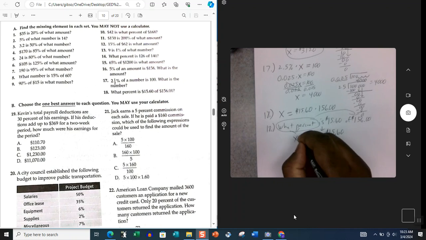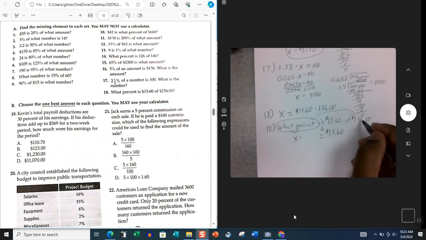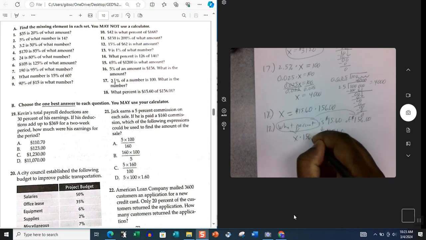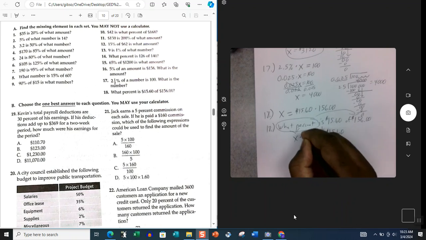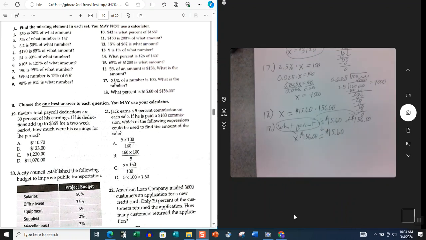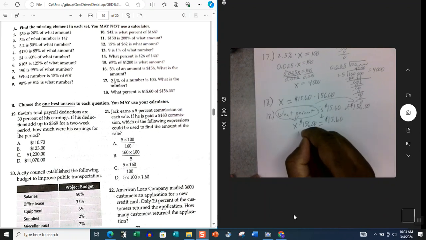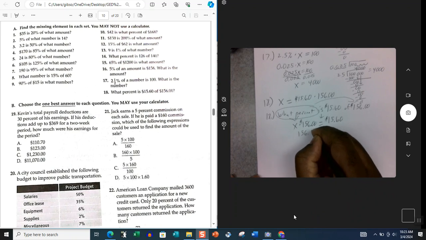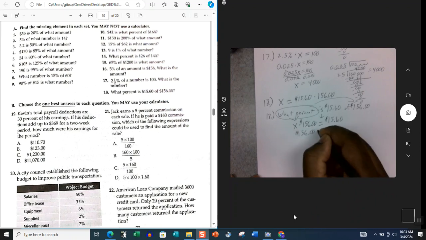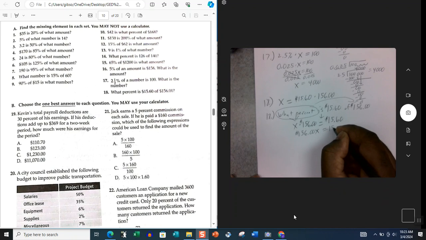So we would have to multiply the what percent times $156. Now I'm going to do another problem that will illustrate this so you could see how to do this and when to do this. So this would be $156 x is equal to $15.60.